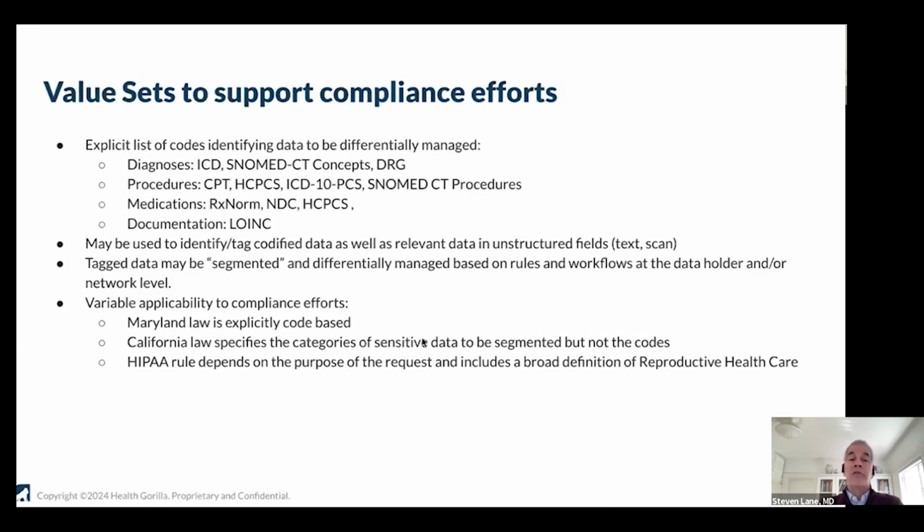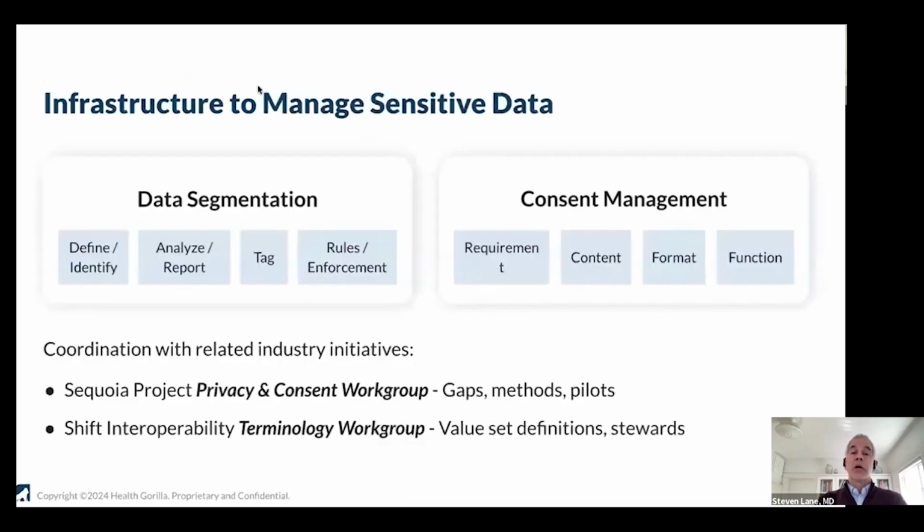And again, there are varying applicability to compliance efforts. Maryland's law, relatively straightforward. California's law, a little bit trickier. And the HIPAA rule, as I said, is going to involve a multi-layered approach. So we're talking about segmenting the data, first to identify it, to be able to report on it, to tag it, and to create rules and enforcement mechanisms.